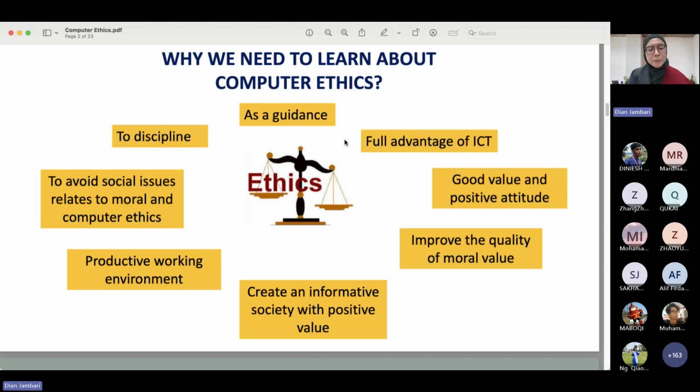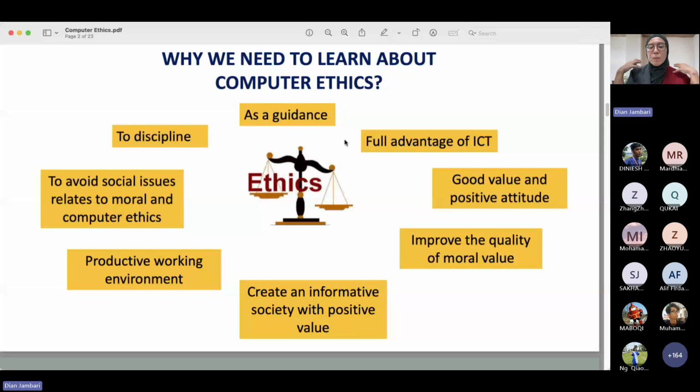We also learn computer ethics in order to allow us, as computing professionals with the responsibility, knowledge, skills and expertise in IT or computing, to create an informative society with positive value.